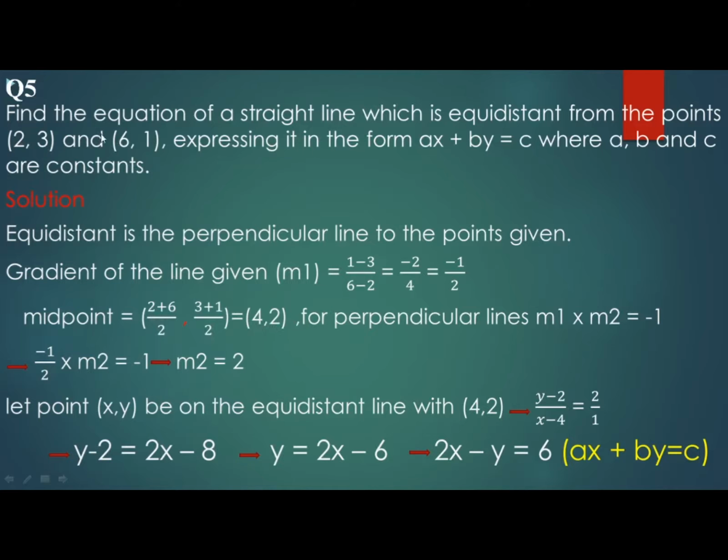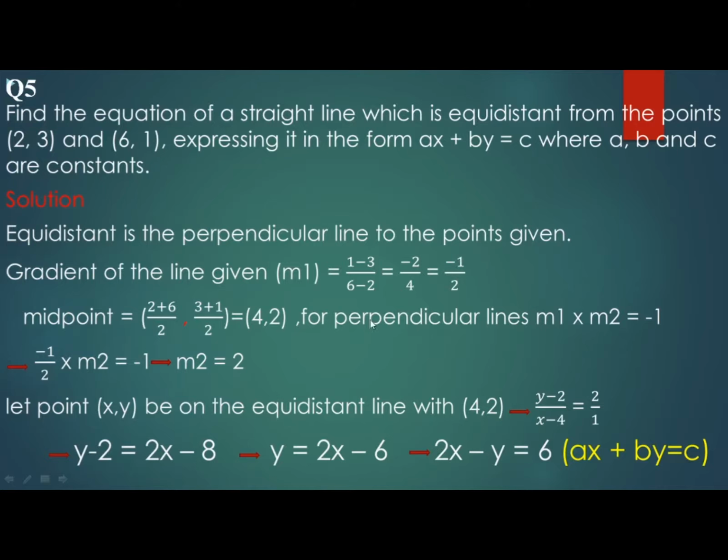So what we do, we find the gradient of the first line, which is 1 minus 3 all over 6 minus 2, which will be 1 minus 3 is negative 2 all over 4, negative 1 over 2. That is my gradient. And I know, because they are perpendicular, m1 times m2 must equal negative 1.